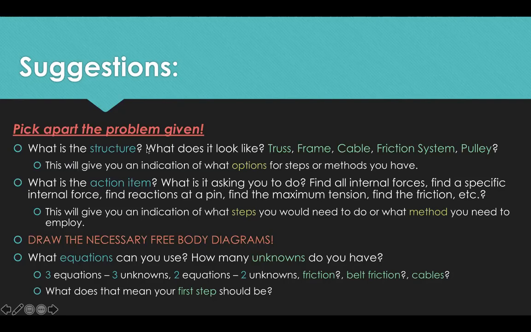Once you identify all that stuff, look at what the action item is. So basically, what is the question asking you to do? And once you identify that, you can figure out which steps from the list that your structure narrowed down you would actually want to move forward with. So once you pick it apart, draw the free body diagrams. Even though they give you a question, you're going to have to draw one anyway.